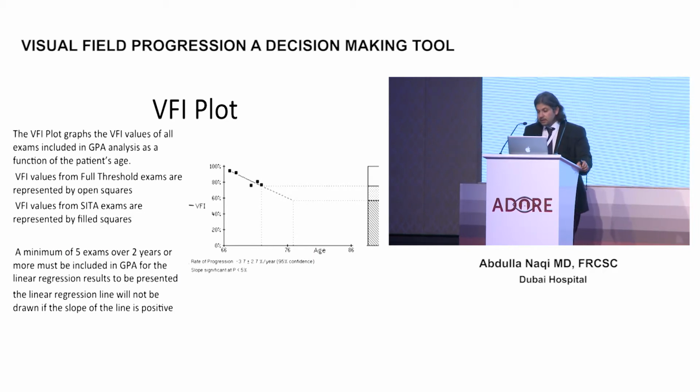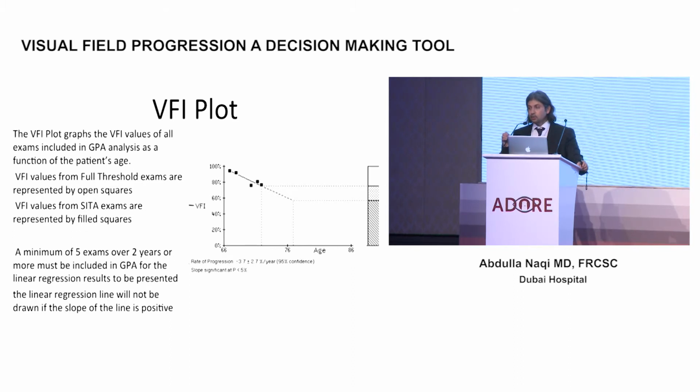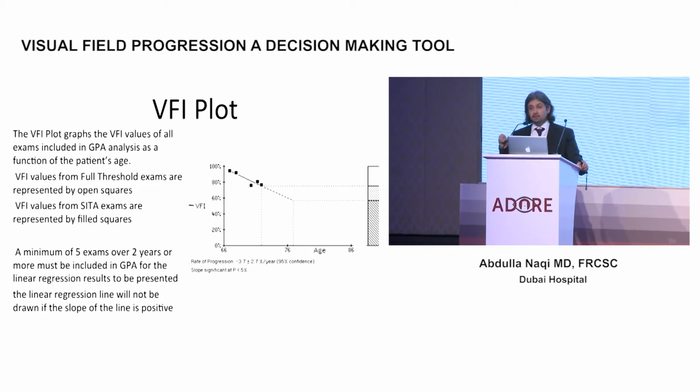So for visual field analysis, we've talked about event analysis, and then we talk about trend analysis. Sometimes you cannot highlight a single point, or you cannot find a definite scotoma. So sometimes the whole plot is plotted into a graph.